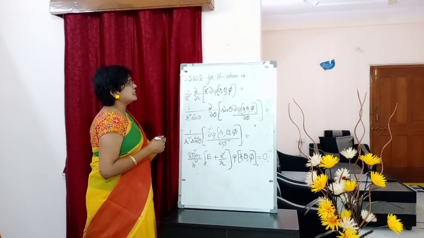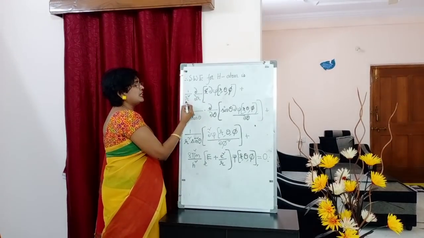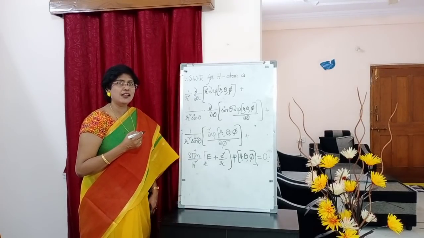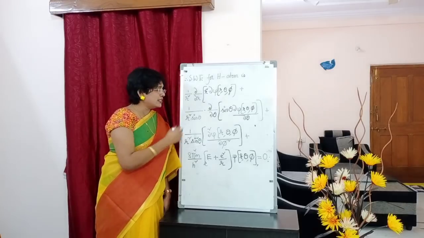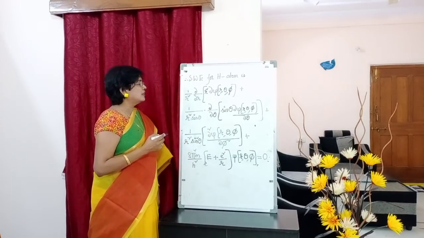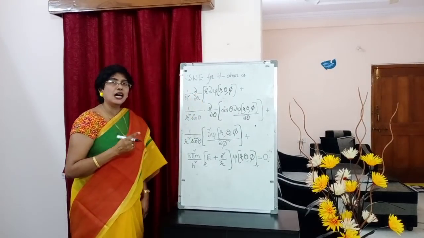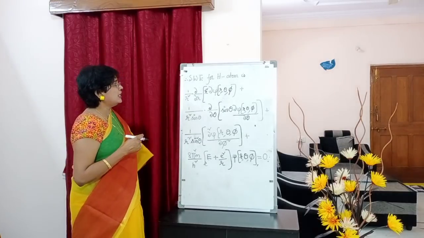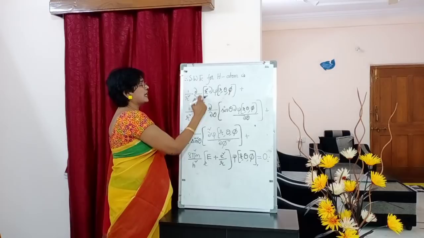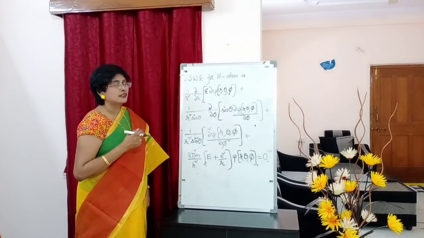So write down the Schrodinger wave equation for hydrogen atom is 1 by r square. Is it clear students, this equation for you? So 1 by r square into dou by dou r into square brackets r square dou psi.